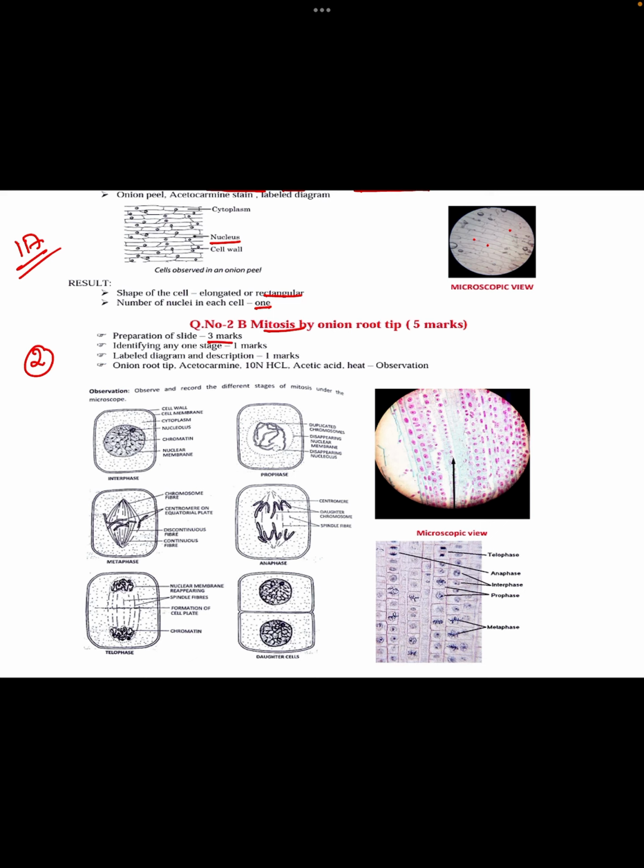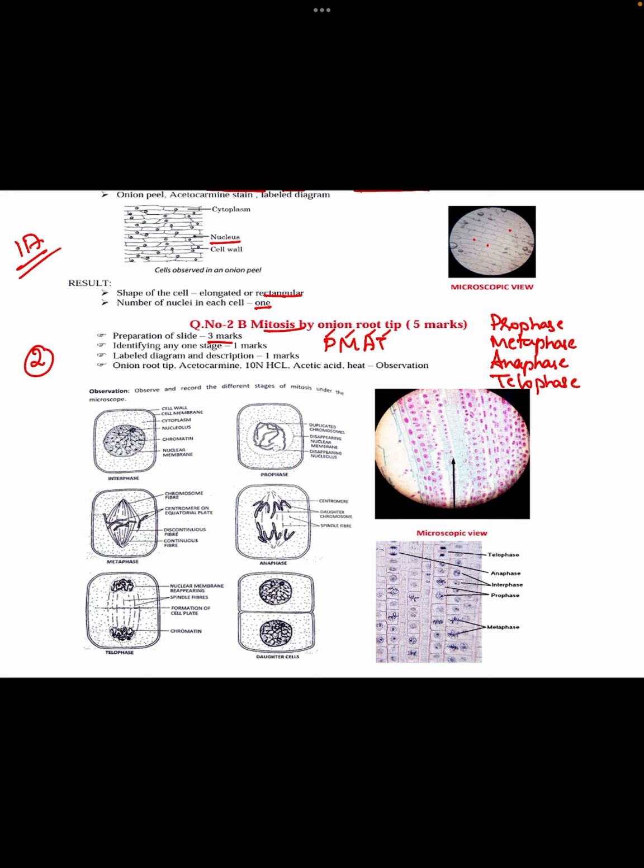For the slide preparation you will get 3 marks, and for identifying any one stage, I have told you PMAT, that is either it is a prophase, metaphase, anaphase, or telophase. Don't write multiple phases. You have to identify any one phase. Either it can be prophase, or it can be metaphase, it can be anaphase, or it can be telophase.